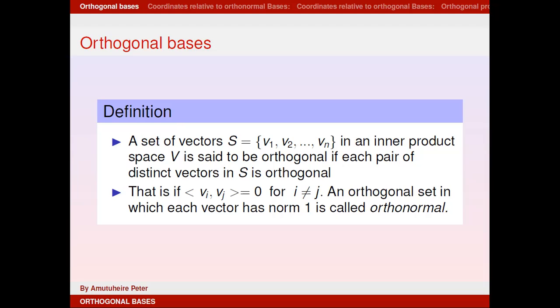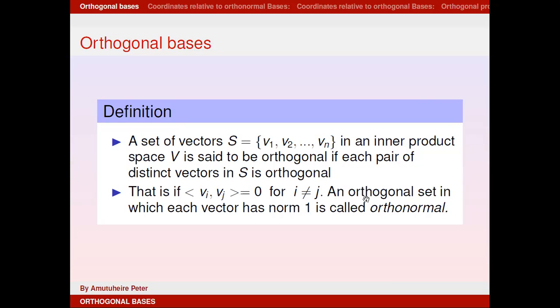By distinct vectors, we don't require that v1 is orthogonal to itself, but we require that v1, v2, v1, v3, v1, and so on up to vn. Then v2, v3, and so on. Remember, the inner product of v1, v2 is the same as the inner product of v2, v1. So we require that each pair of distinct vectors is orthogonal. If that is achieved, then we get an orthogonal set.